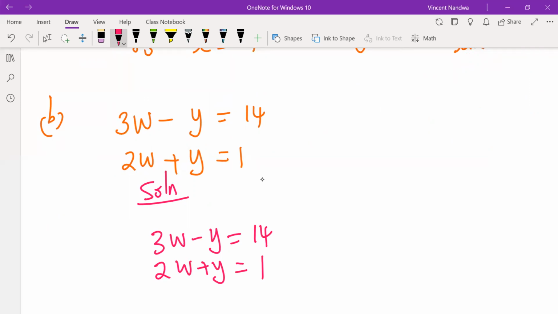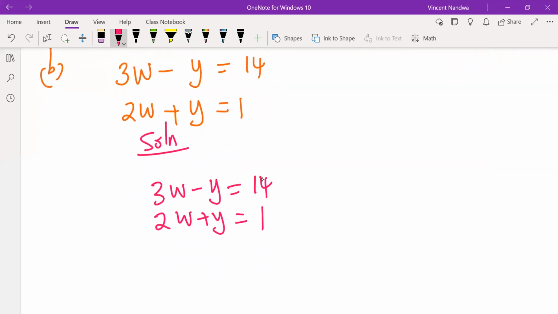In fact, even without using w, you can actually see that the absolute values of the coefficient of y in the first equation and second equation are the same. So then we can just add these two equations, and when we add them, we'll eliminate y.